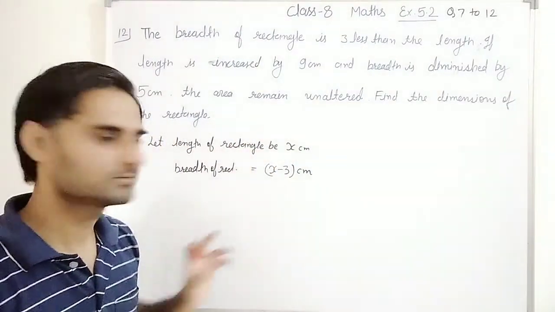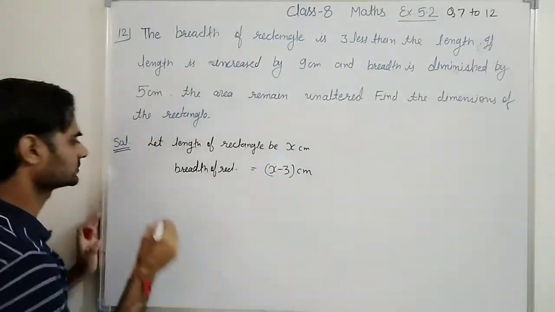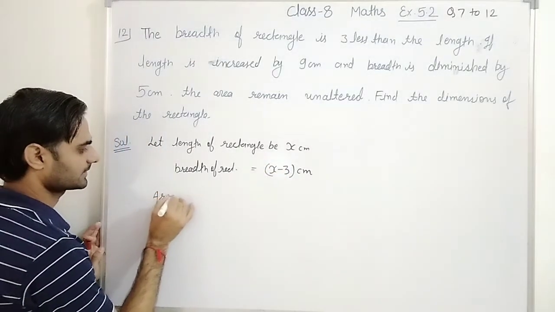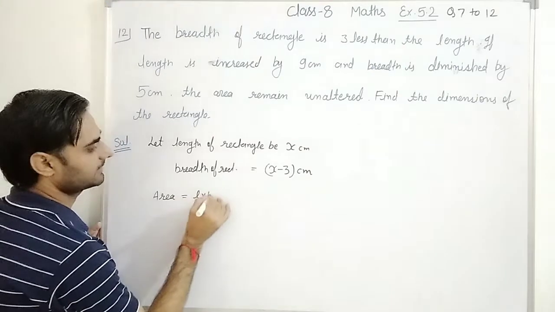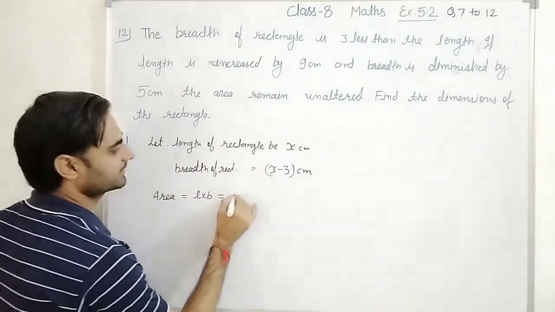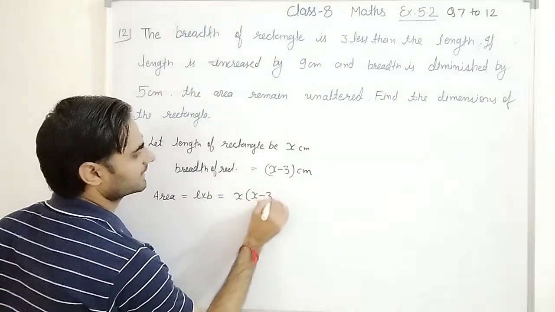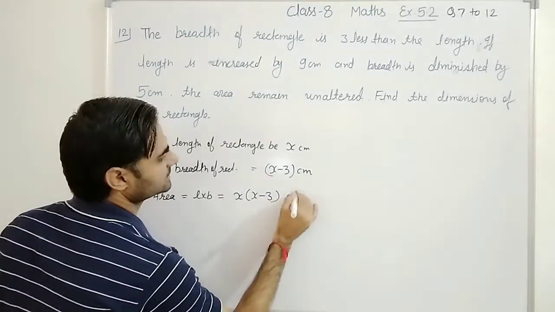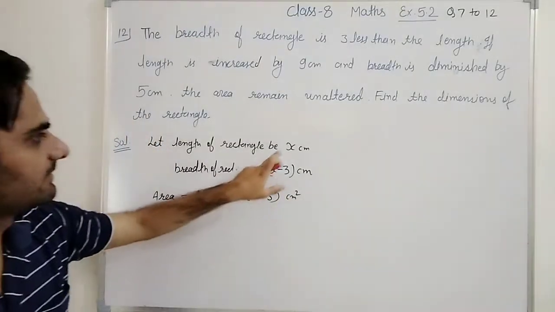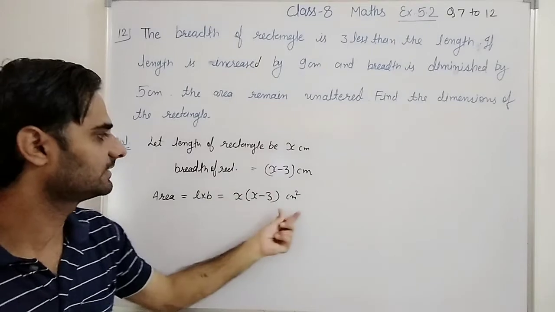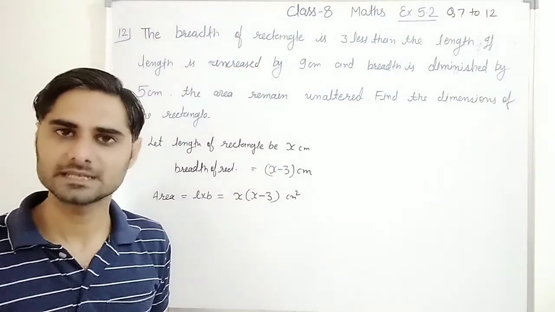Two things we have now, one is length, one is breadth. So area will be equal to L multiplied by B, means length multiplied by breadth, means x multiplied by x minus 3 square centimeter. This will be area. When we will multiply by length and breadth, we will get the square, means area.